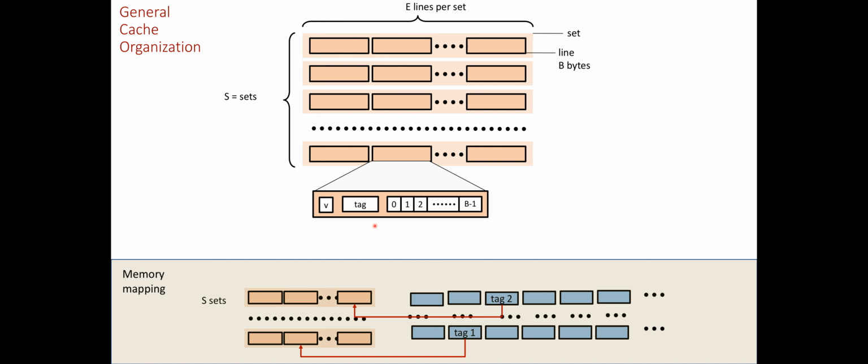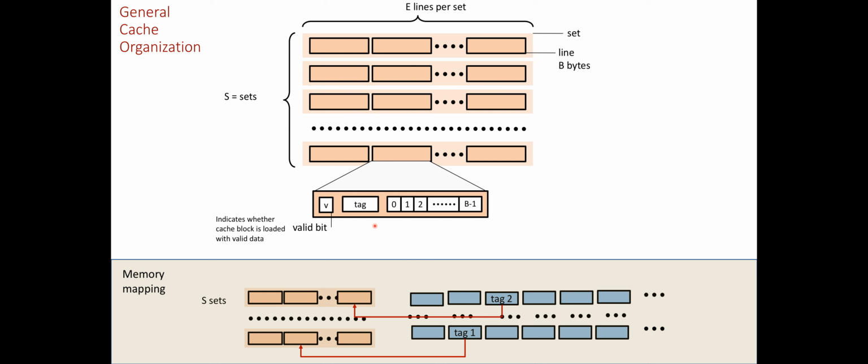And there's also this interesting thing called the valid bit. What this does is indicate whether that cache block has valid data, whether the tag is correct and the data in the block is correct.